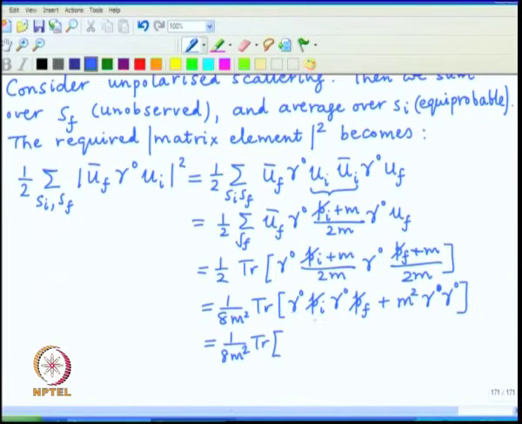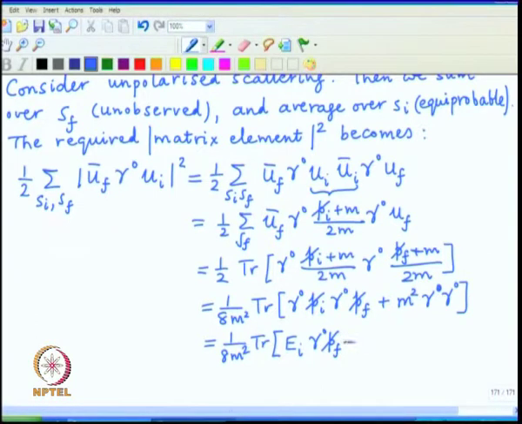You have to take a dot product of successive terms. So, the first one is a dot product of gamma 0 with p_I slash. So, that produces a term which is E_I, and then the remaining part remains gamma 0 p_f slash.